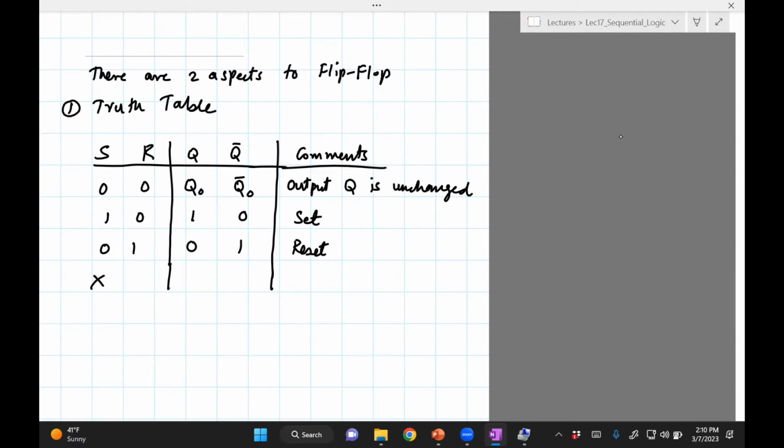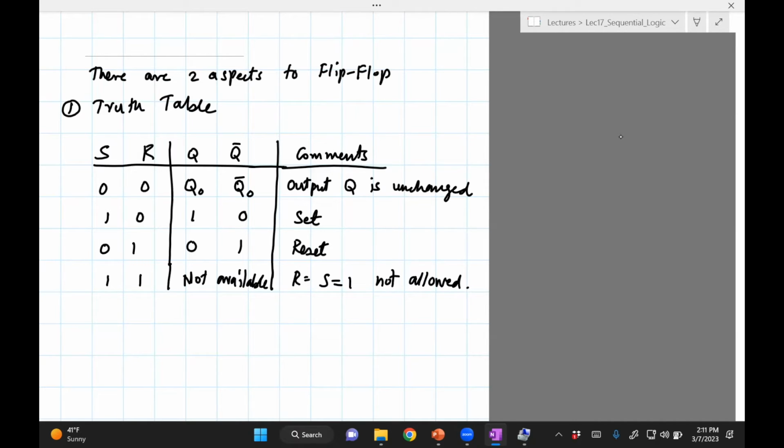Now, what if you have 1, 1? Okay, this is not available. You can't use that. What happens physically, I don't know, to the device. It'll probably float, it will not do anything. So R equals S equals 1, not allowed.